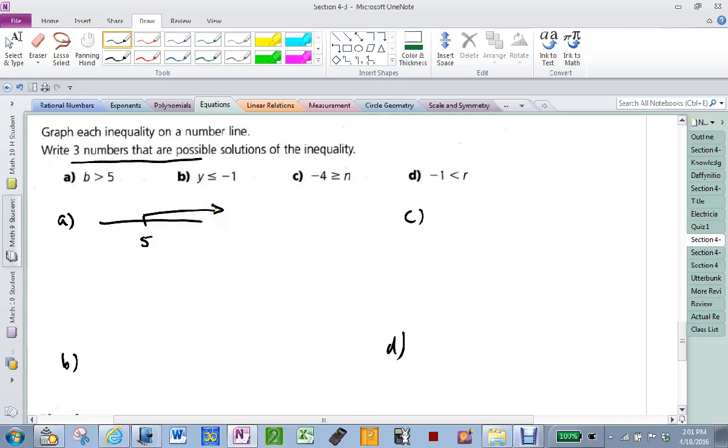Is 5 allowed? No. Why not, Liam? It says greater than 5, and 5 isn't greater than 5. 5 is 5. So, what kind of circle? Open or closed? Open. Everybody got it? So, B is pretty easy. Go.